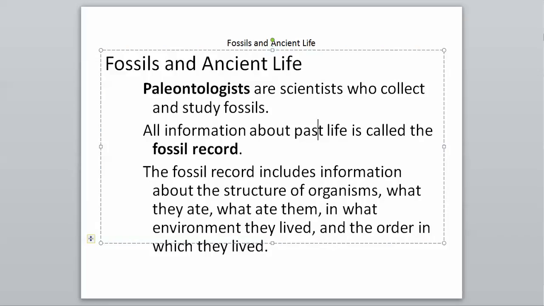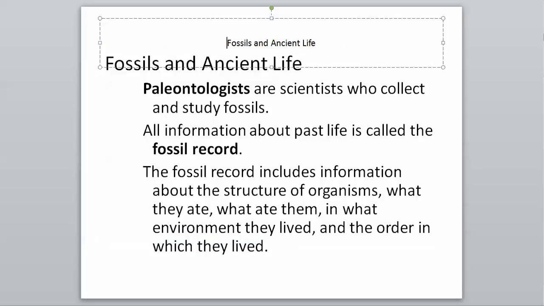This is another really, really important thing. Paleontologists study fossils. All of the fossils that we have give us information about past life, and it is called the fossil record. Some specific things that the fossil record will tell us include the structure of organisms, so basically what their bodies looked like, and how big or small they were.